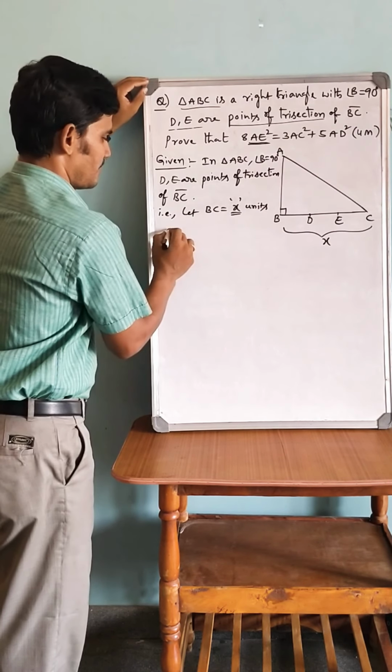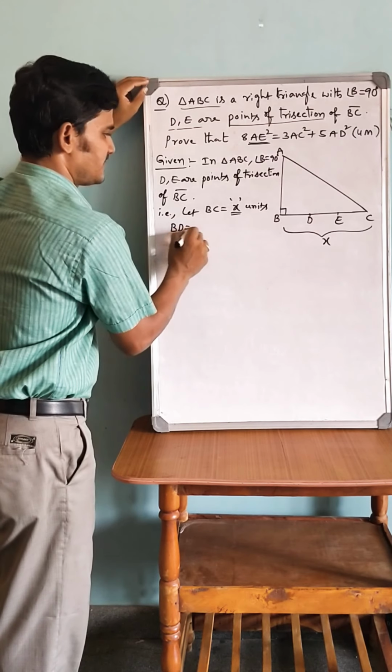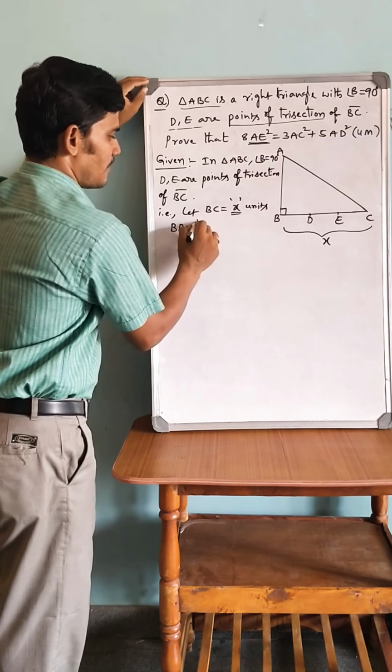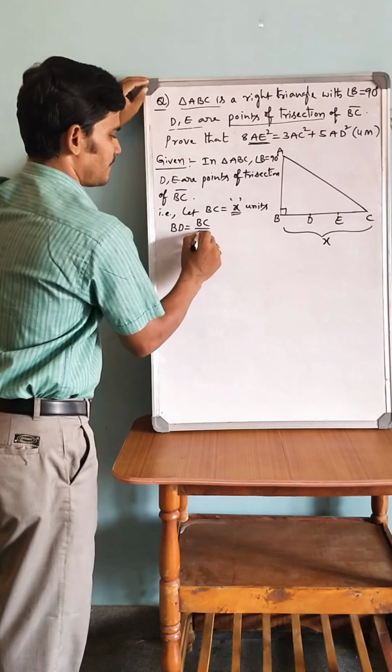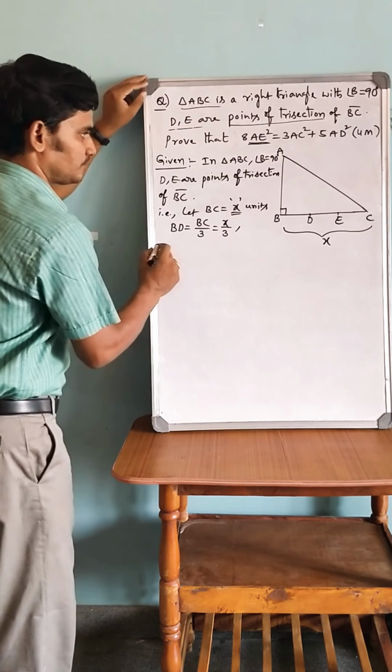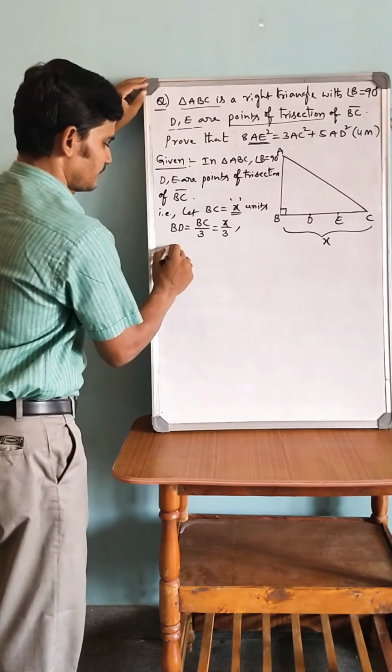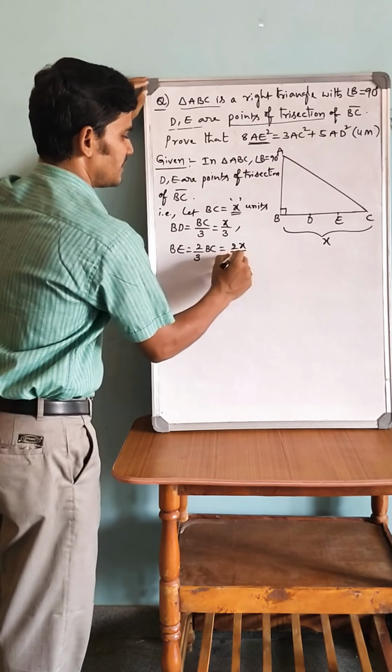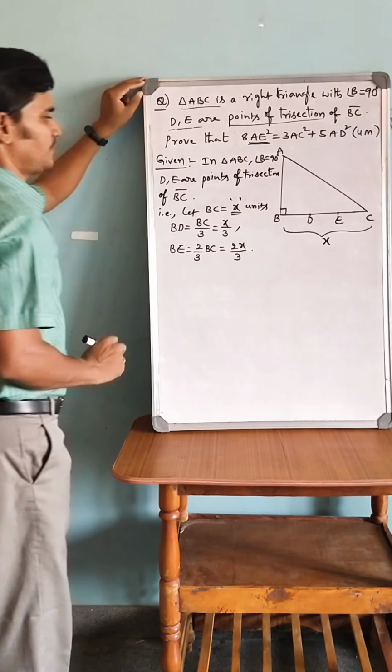Then BD is 1/3 of BC, that is x by 3, and BE is 2/3 of BC, that is 2 times x by 3.